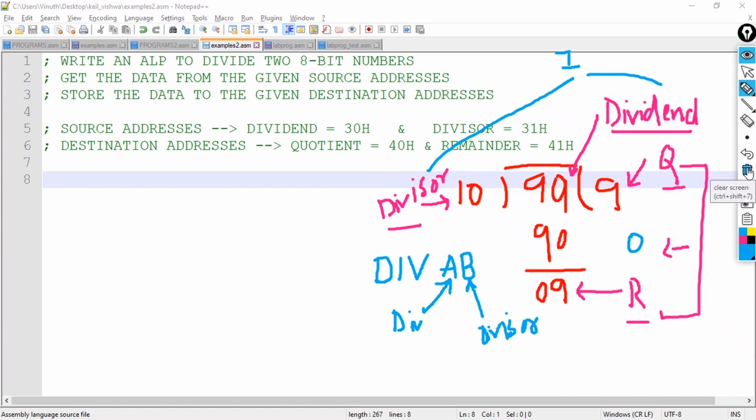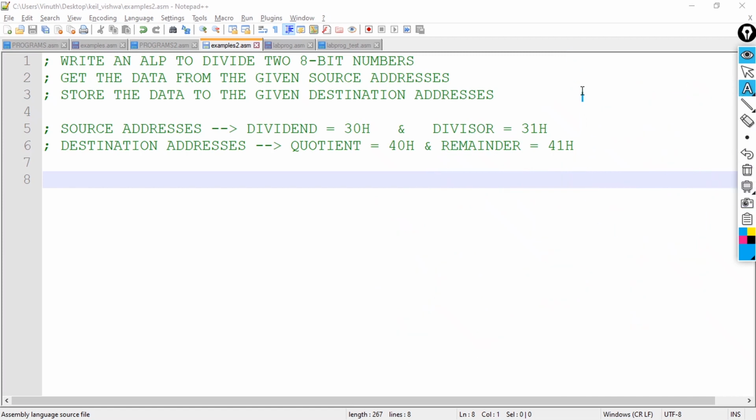Basically, the dividend will be located at register A, and the divisor we need to load in register B. One more thing we need to look at is the output.